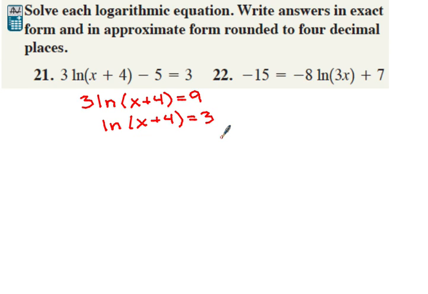And then from here, x plus 4 to the third equals e to the third. My base will stay with the base, so e to the third. And then would you subtract 4? Then we'll just subtract 4.